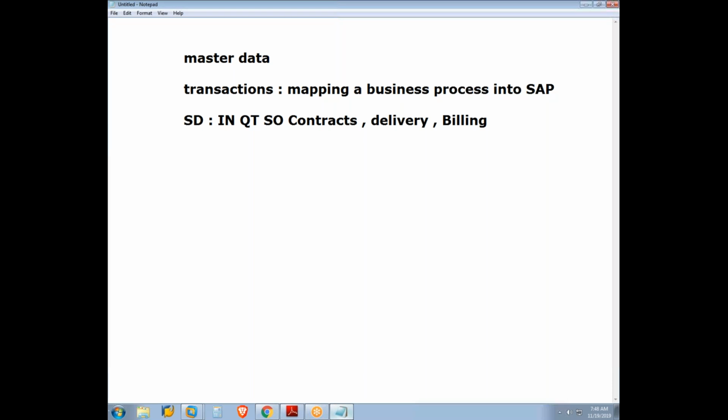If all these are available, we can process a transaction. For example, if you want to create a sales order, we must be ready with the customer master, material master, pricing procedure configuration, shipping point determination, and also tax determination. If all these configurations are done and master data is maintained properly, we can create a sales order.